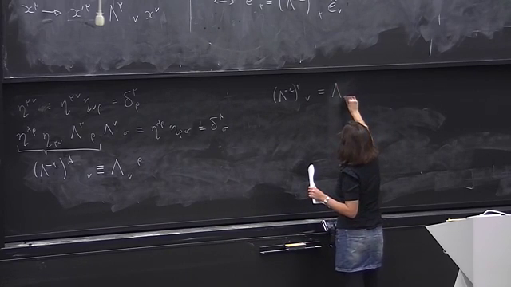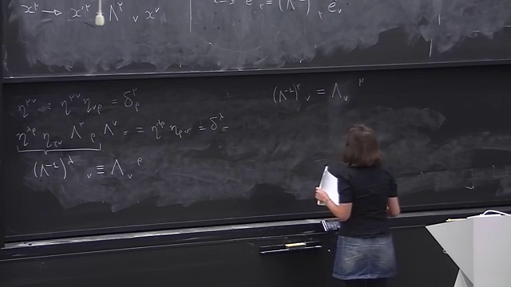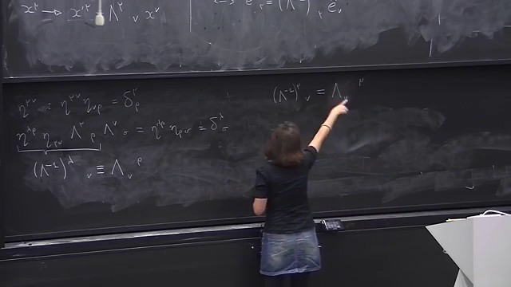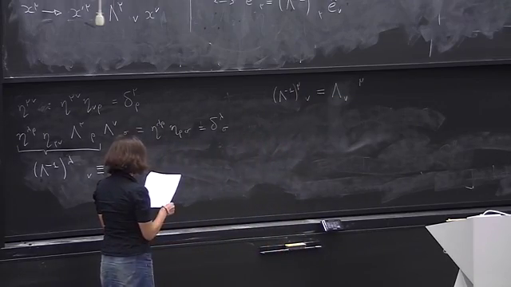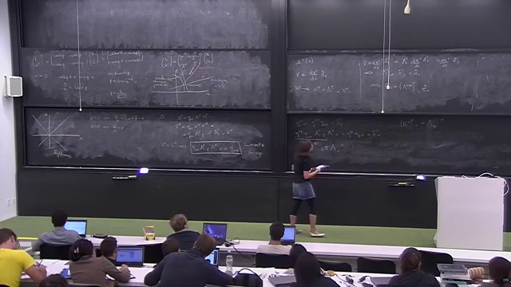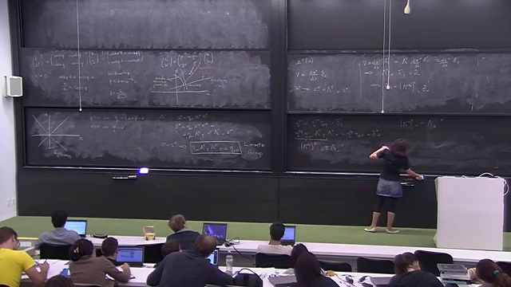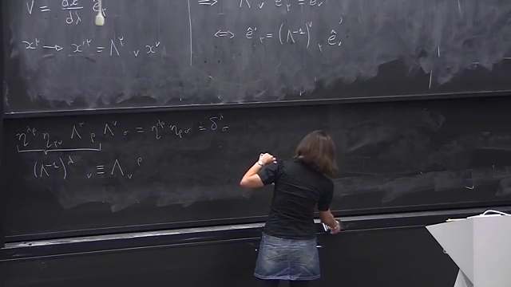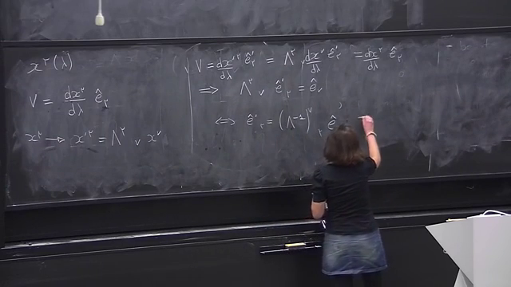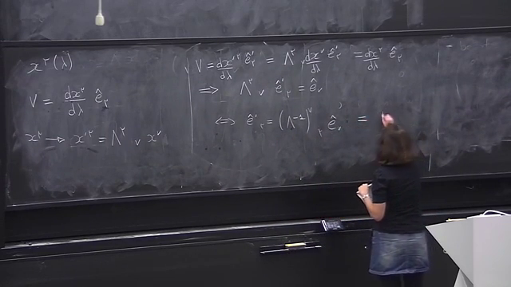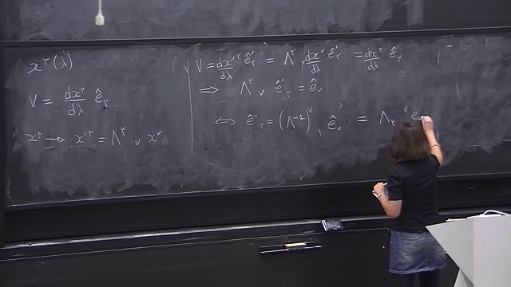Sorry, it's not the transpose, but this is the notation that we use. Okay. So why did I want to find this? Because I wanted to see how the basis vectors transform. So now I can write that this is equal to lambda mu nu.